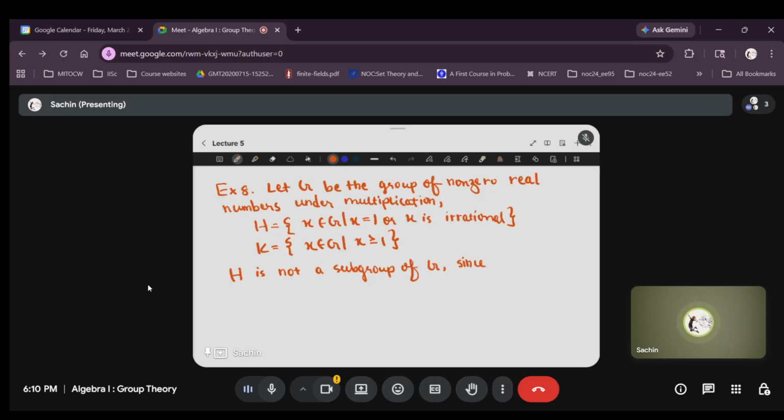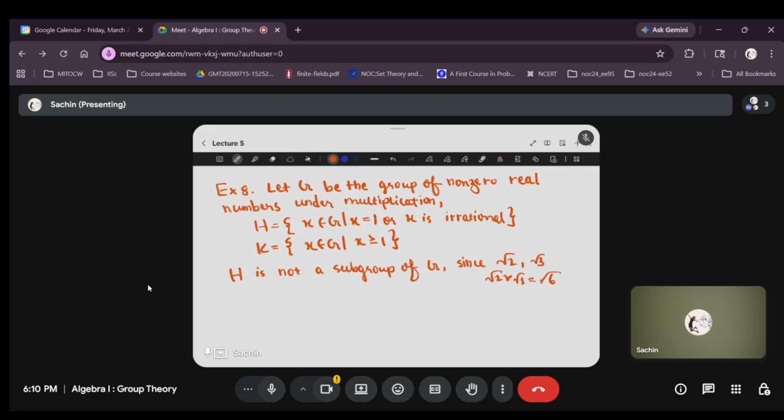And how would closure be the problem? You can't randomly take any two irrationals. Okay, I will take square root of 2 and square root of 3. Square root of 2 times square root of 3 is square root of 6, which is irrational.